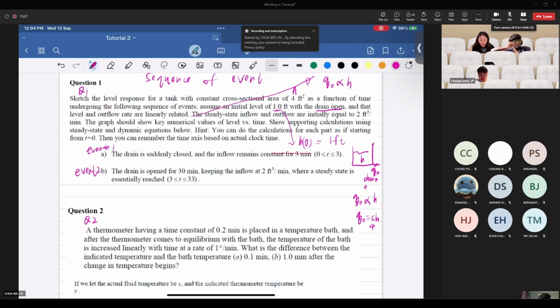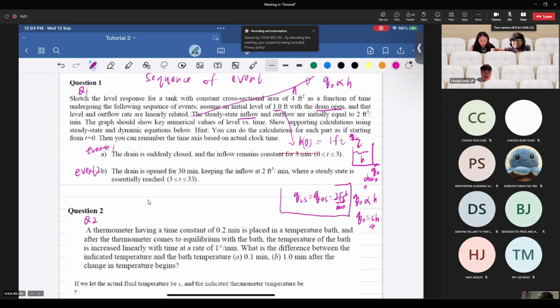And then the steady state inflow means you have the Qi, and outflow are initially equal to 2 cubic feet per minute. So you have QIS equals QOS equals 2 cubic feet per minute.